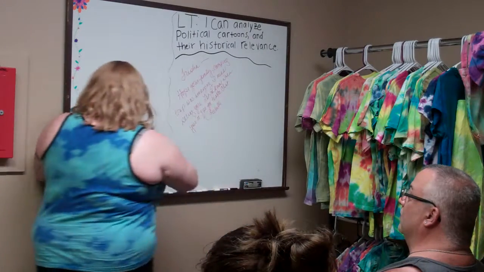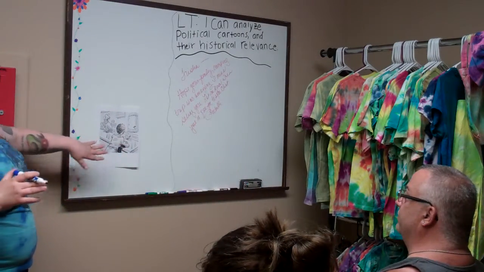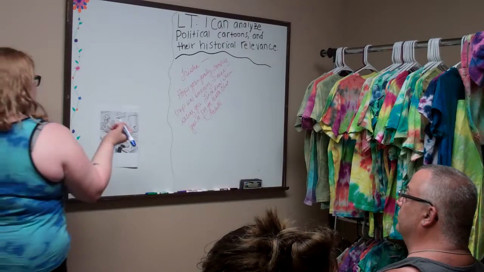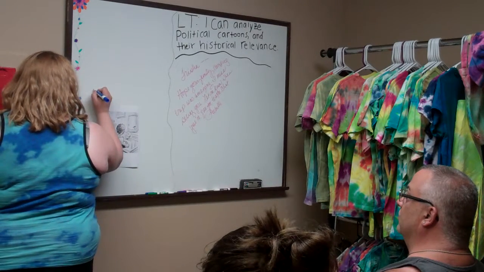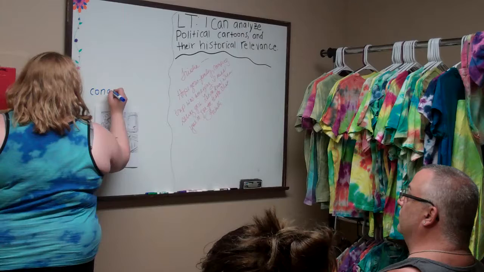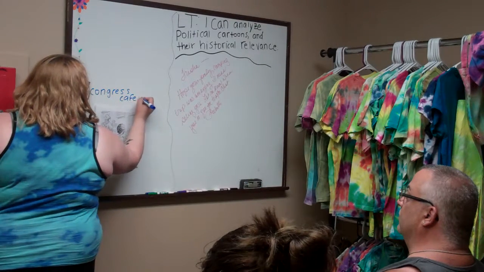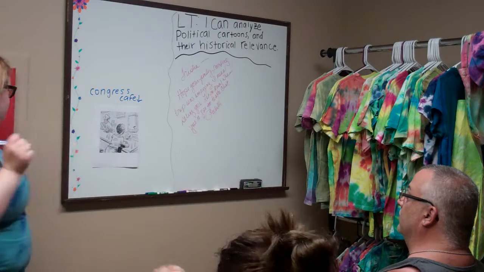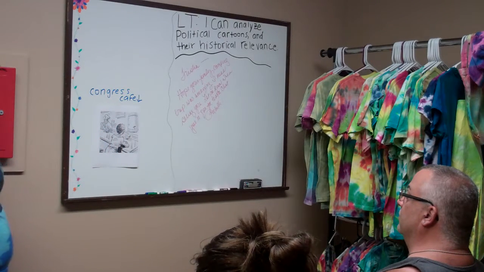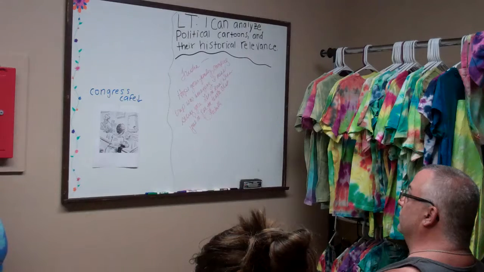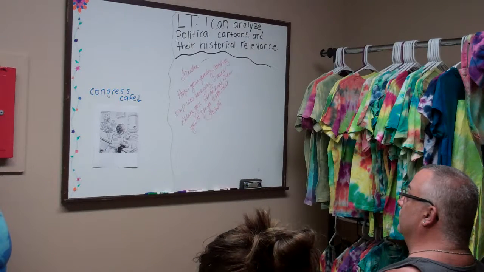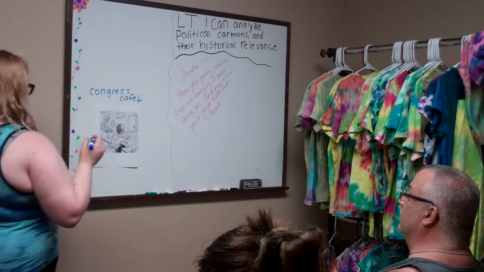Okay, can you guys see this one right here? So this one, it got cut off, but it was called Congress Cafe. Can you see what's happening in it? What do you see? A man working really, really hard washing dishes.